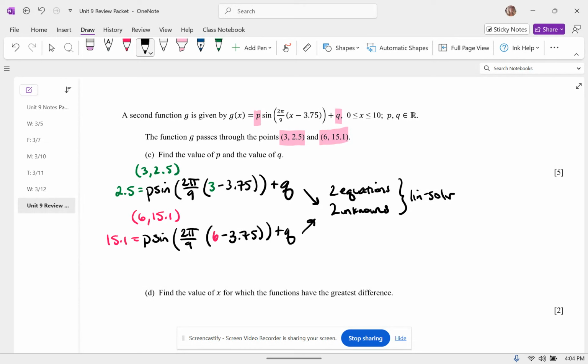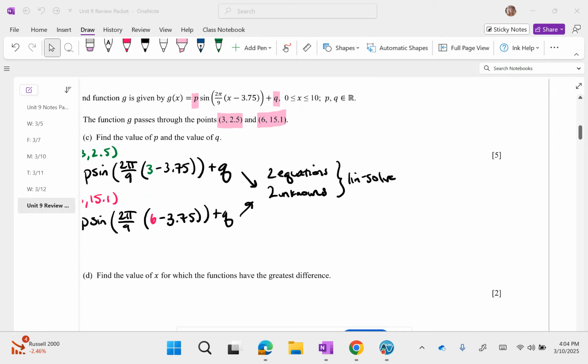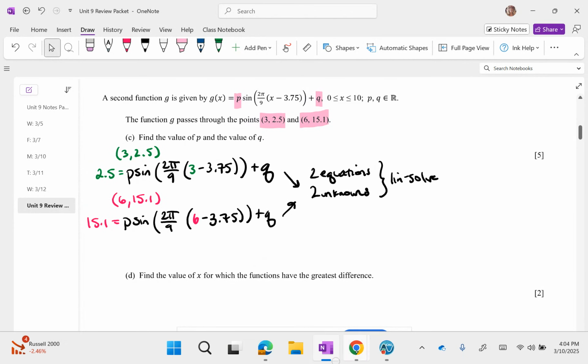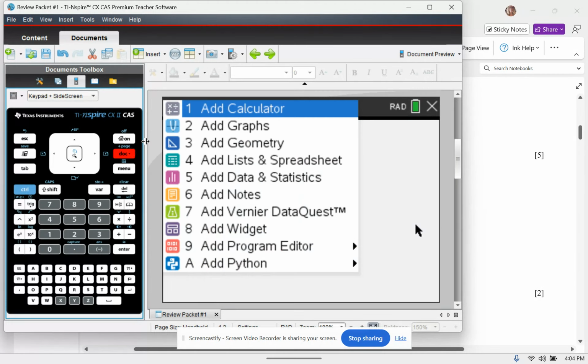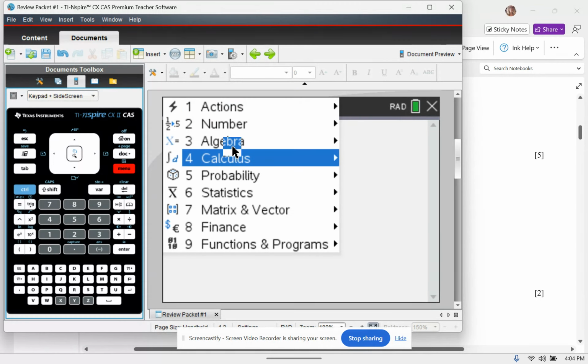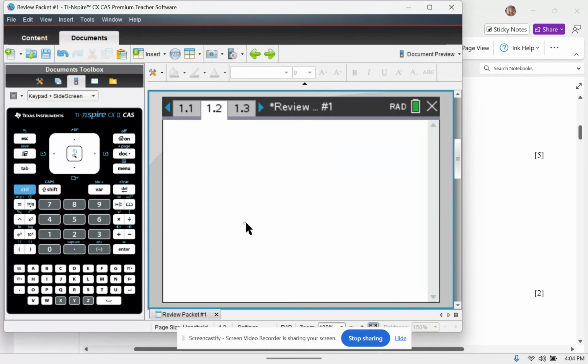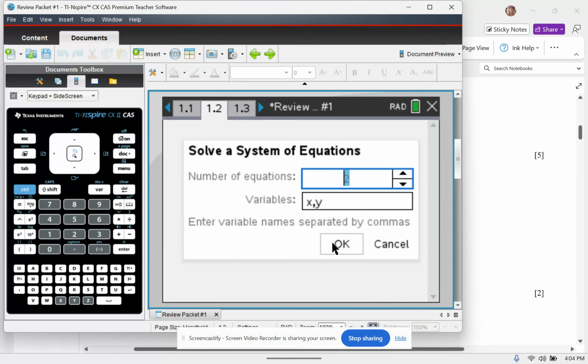LinSolve. So I'm going to type this into LinSolve. Let's do it. Hold on, I can't see what I'm doing. There we go. LinSolve. All right, here we go. Algebra. Okay. Then I'm not using x's and y's.